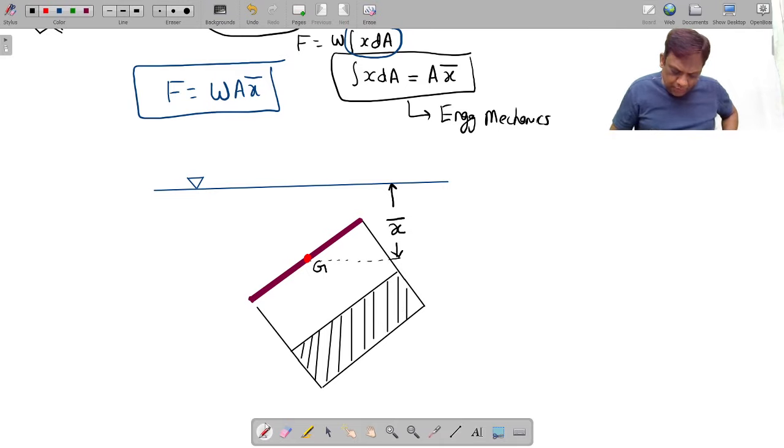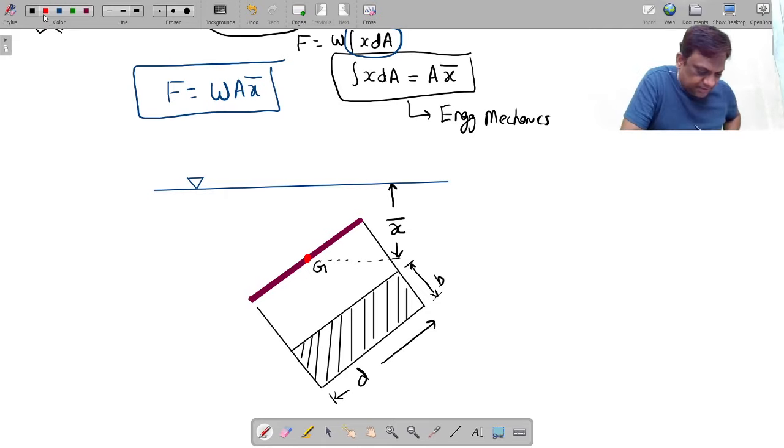If I know this width and this depth, I can easily calculate the area. In this case, the area is B into D.